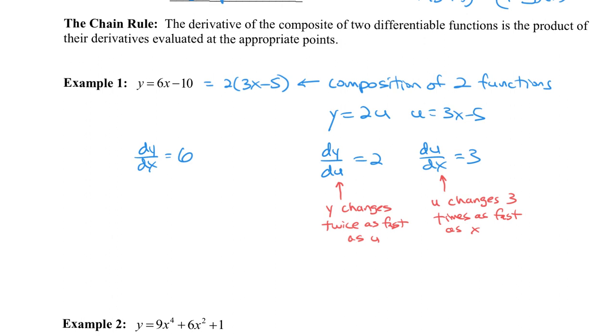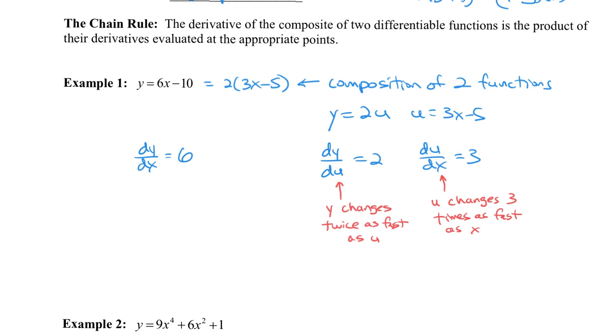So then what about this? If y changes twice as fast as u, and u changes 3 times as fast as x, what if we compared y to x? Wouldn't y then change 6 times as fast as x? And if you look over here, that's what it says. dy dx is 6, so this is saying that y changes 6 times as fast as x.